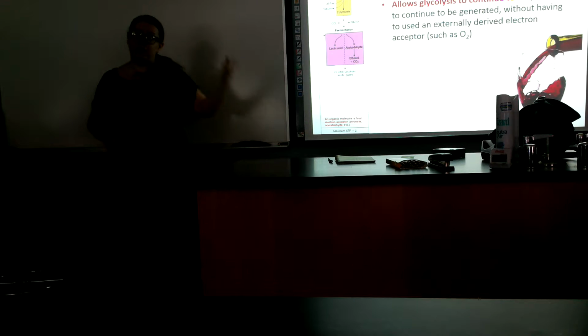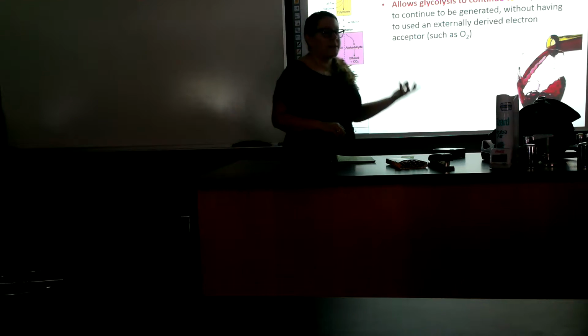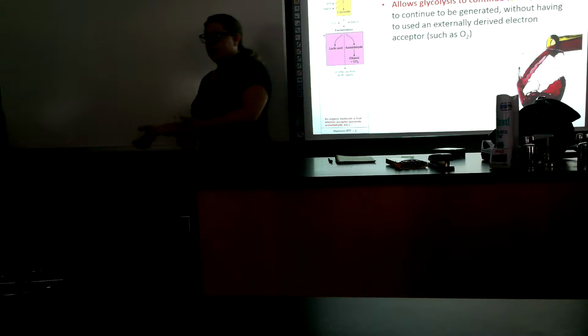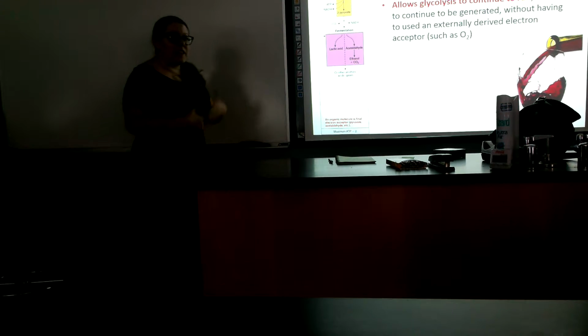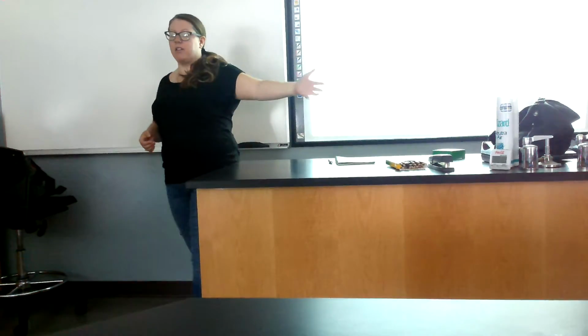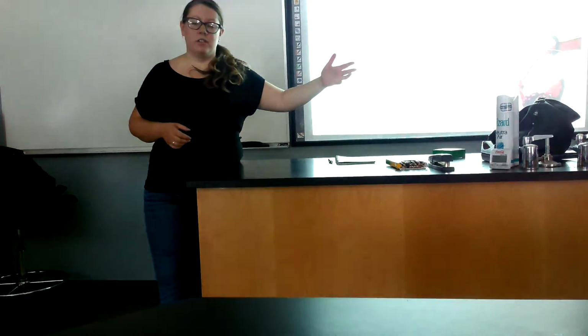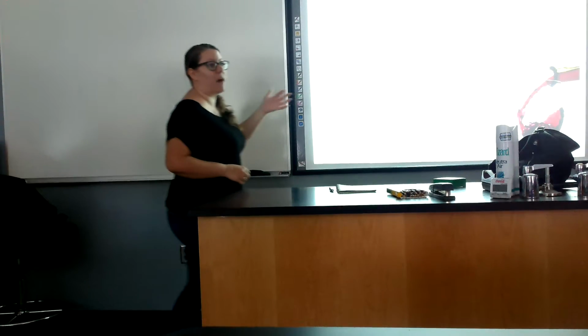And it would normally deliver them to the electron transport chain. But when it picks up those electrons and it can't go to the electron transport chain because there's no oxygen present to pick up those electrons, then the NAD+ becomes NADH. What do we do with all of that excess NADH? Where do we take it? We have to take it through the fermentation pathway.